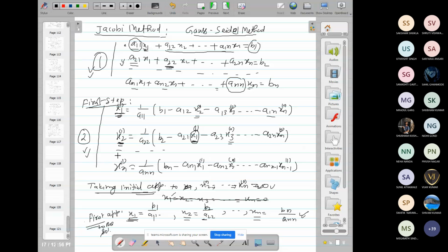In the third equation, again we use the first approximation of the first and second variables and the 0th approximation for the remaining variable. This is a modification of the Jacobi method, like the Gauss-Jordan method and Gauss elimination method.